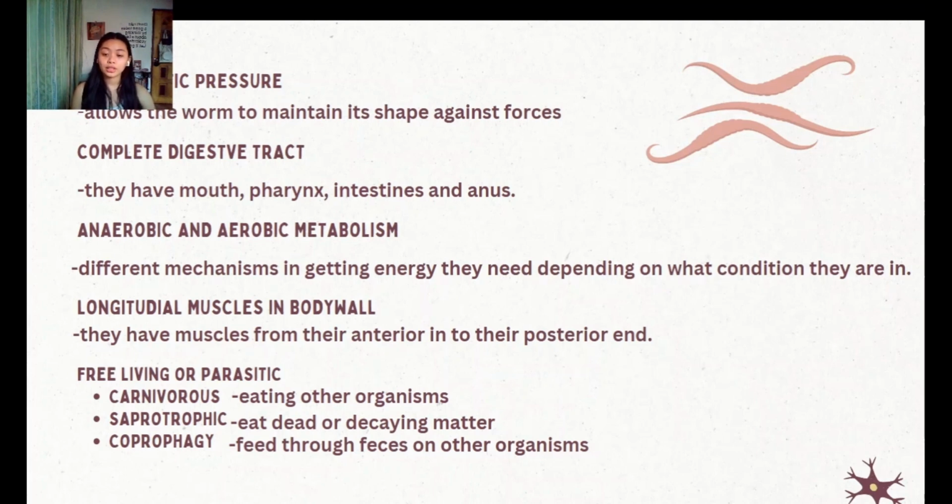Saprotrophic because they eat dead or decaying matter. And lastly, coprophagous because they feed on feces or dung of other organisms. So those are the following characteristics of our nematodes or roundworms.